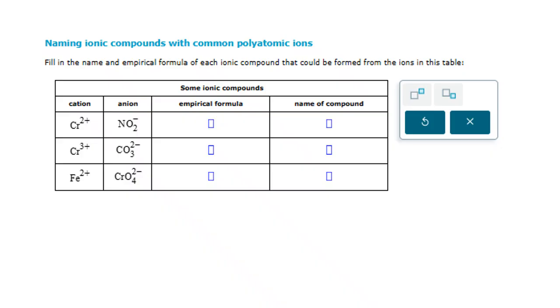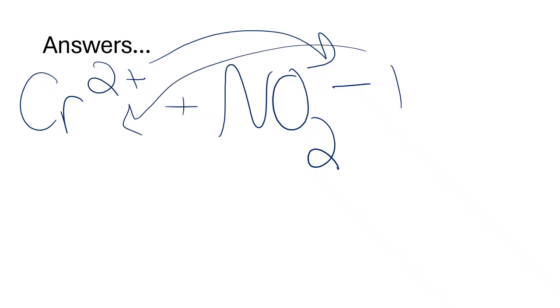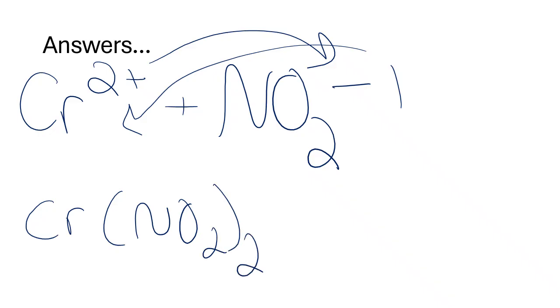So these are some real good examples of difficult ones when it comes to naming these. The first one was Cr 2+ and NO2-. If I had to write the formula here, we can do the crossover method, or better yet, we know 2 nitrites will be needed to cancel out that Cr.